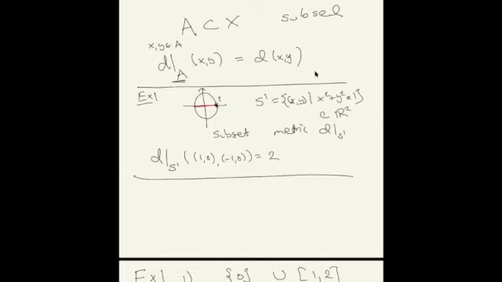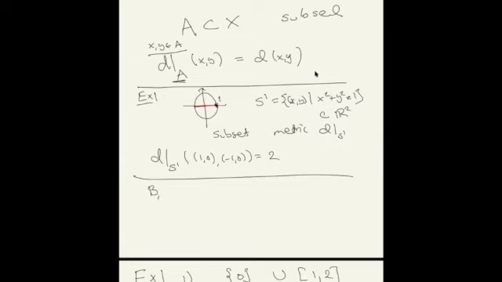Sometimes I will just drop this notation because the distance function is the same. We just construe it as having a different domain. So for now, after this, I will just drop that extra baggage, and keep in mind that the domain is different.